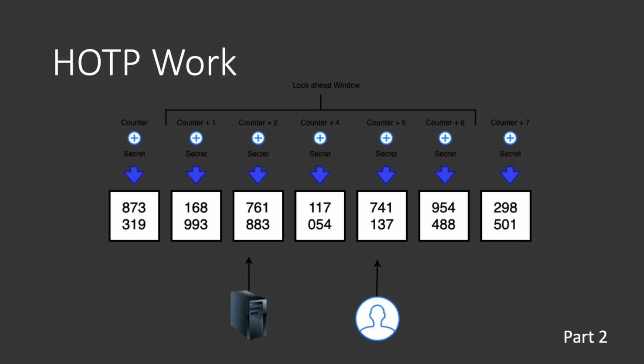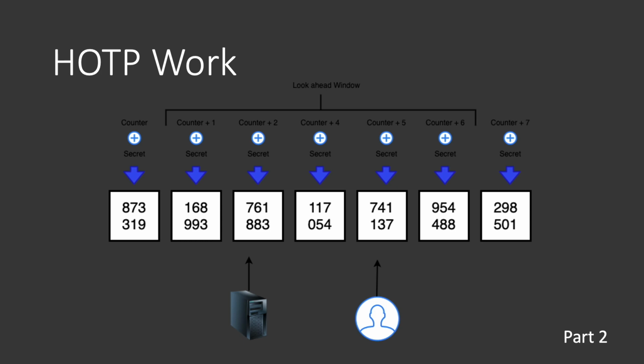Because it's within the look ahead window, which is usually 5, the server will be able to authenticate me, because the code that I'm giving to the server is within that look ahead window. So the server will know that the code I have generated matches one of the possible future counters within that look ahead window. So it will authenticate me.